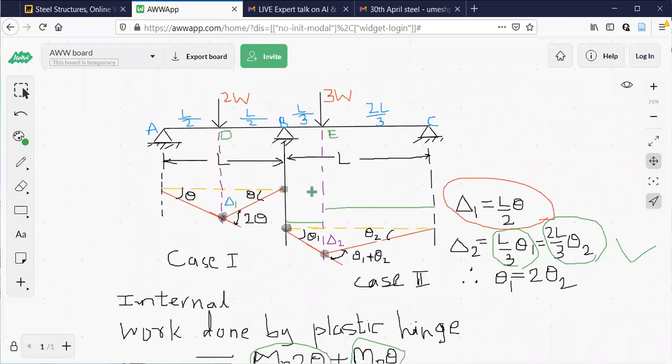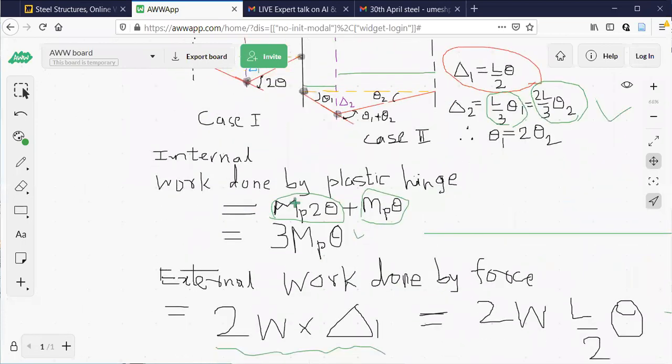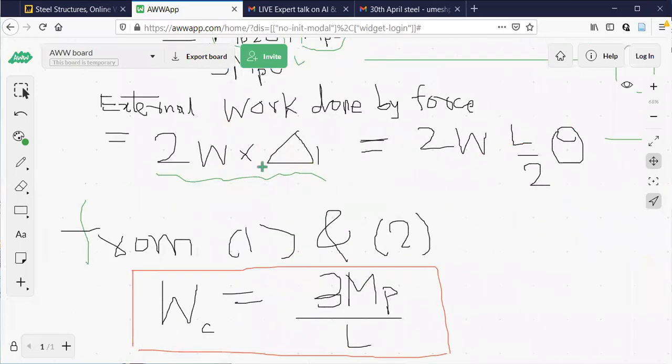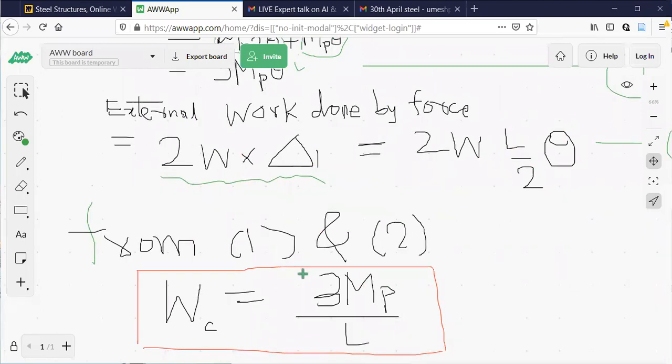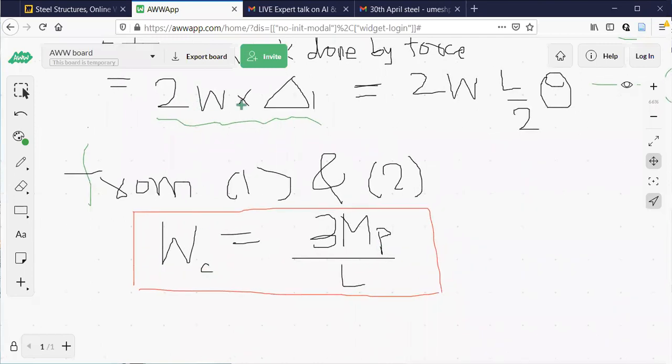So case 1, mechanism of AB span, ultimately we got W is equal to 3 MP by L. Since MP is used this side, C is added, that's all. Till this point it is W only. When you find the final W is equal to 3 MP by L, you can just add this collapse load WC.